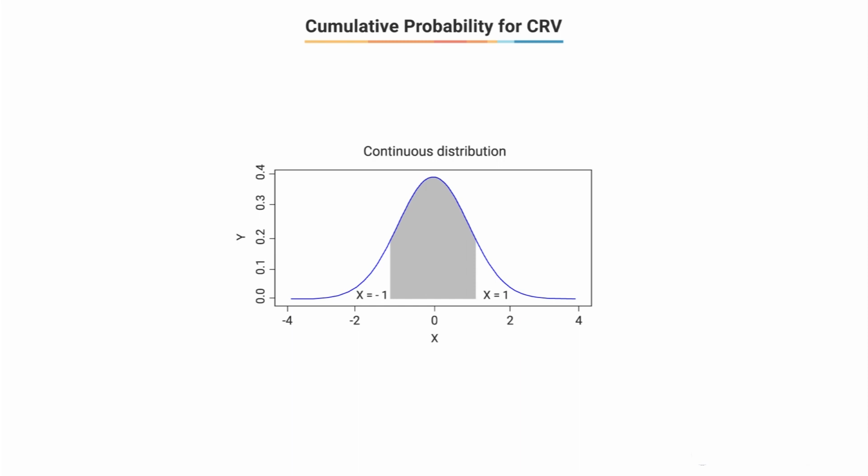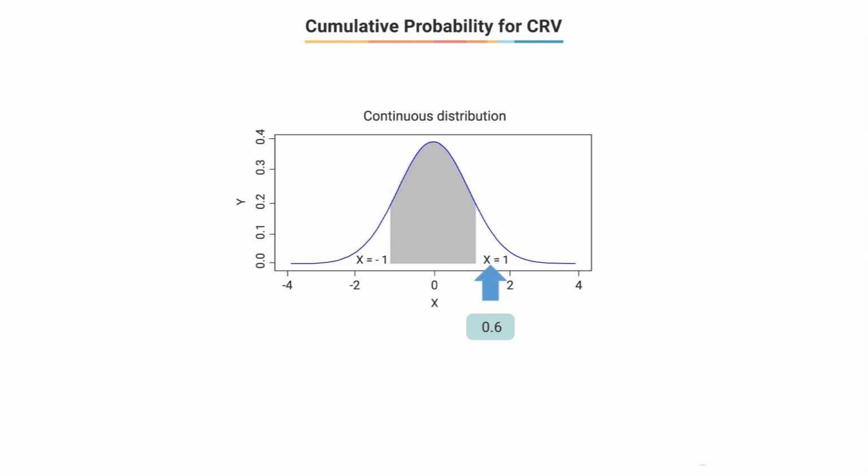We can say that the probability of x between minus 1 and plus 1 is nothing but the probability of x less than or equal to 1 minus the probability of x less than or equal to minus 1. And this value can give us the area under the curve from minus 1 to plus 1. So in this case, the probability of x less than or equal to 1 is 0.6 and the probability of x less than or equal to minus 1 is 0.5. So the probability of x lying between minus 1 and plus 1 is 0.1.